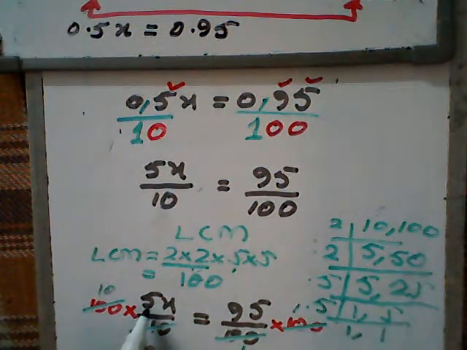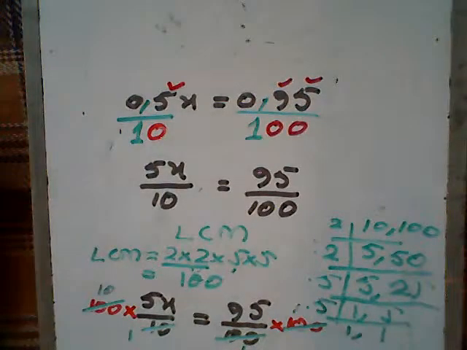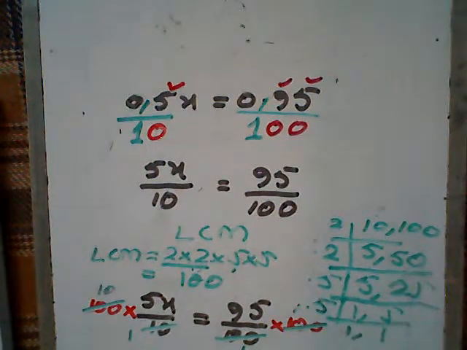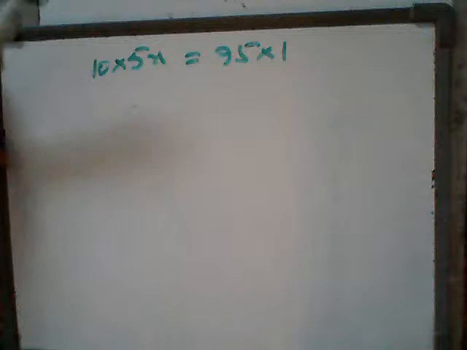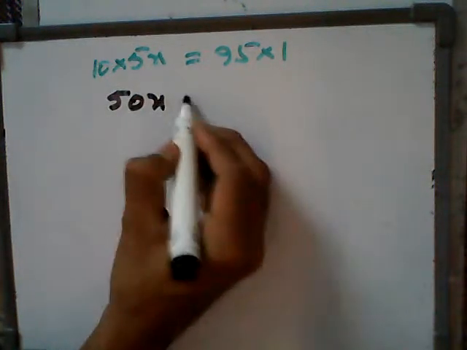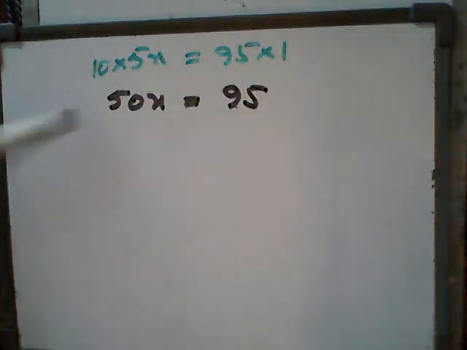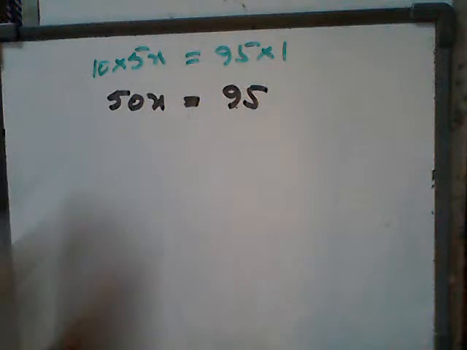So 10 multiplied by 5x is 50x, and 10 multiplied by 5x is equal to 95 multiplied by 1. So like this we have this equation. Now this gives us 50x is equal to 95.